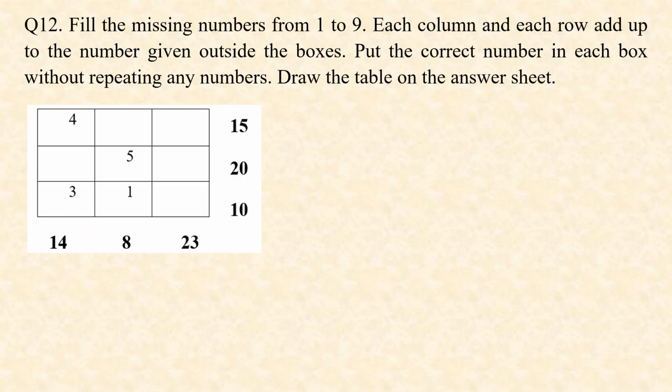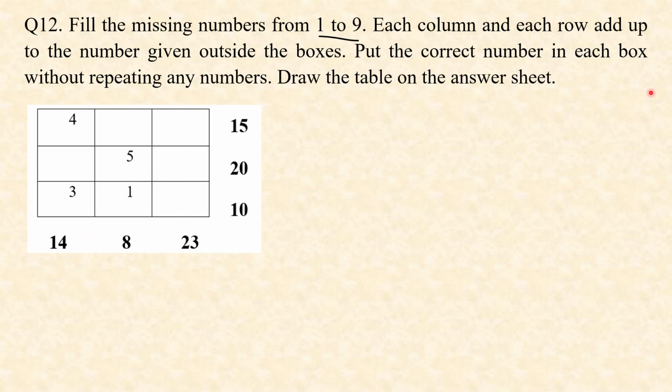Next question. Fill the missing numbers from 1 to 9. Each column and row adds up to the number given outside the boxes. That means the sum of the first row is 15, the second row is 20, the third row is 10, the first column is 14, the second column is 8, and the third column is 23.